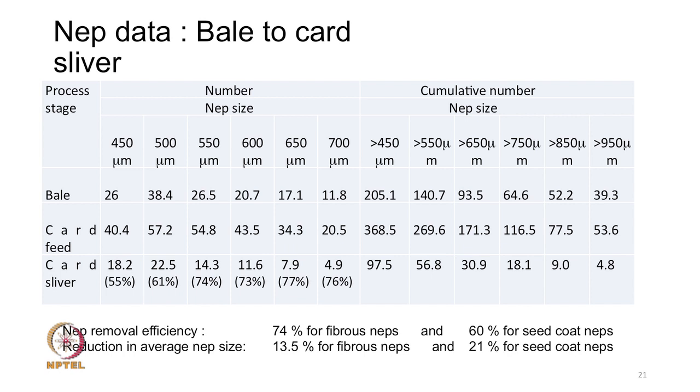Reduction in average size of the naps could be 13.5% for fibrous naps and 21% for seed coat naps. So, typically this is what generally is observed when the machine is properly maintained, that from bale to card sliver, there is always a reduction in naps.